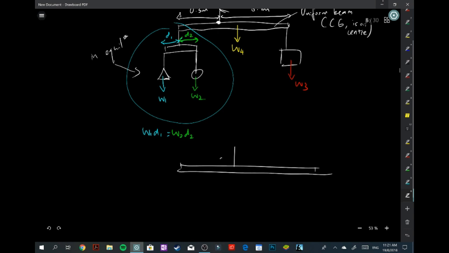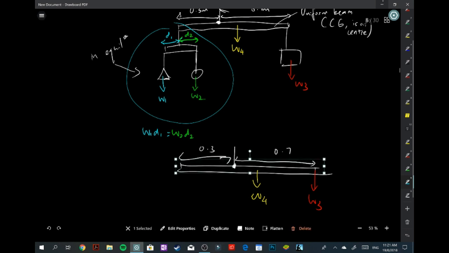Okay, the diagram will actually look something like this. This is 0.3, this is 0.7, right? Then you have your W4 here, your W3 is here, and you have one more over here, and it's called W1 plus W2.